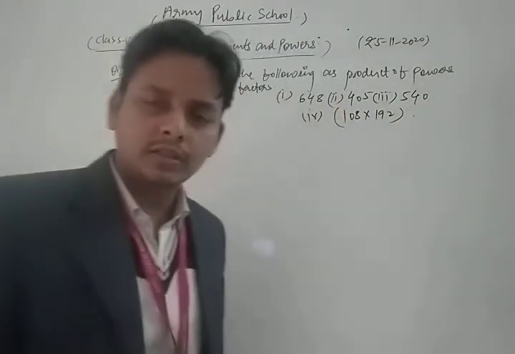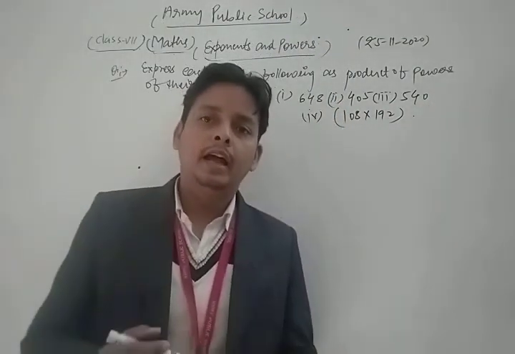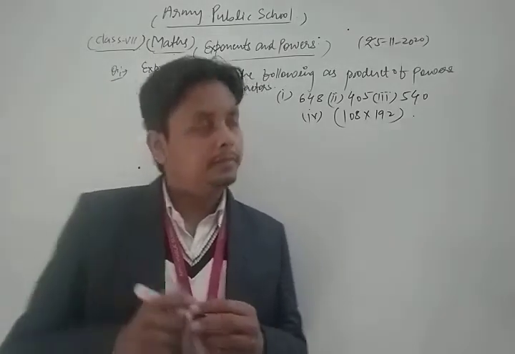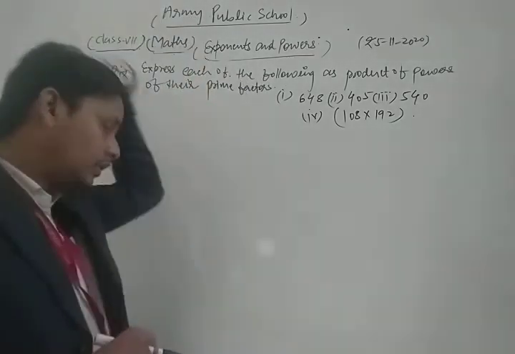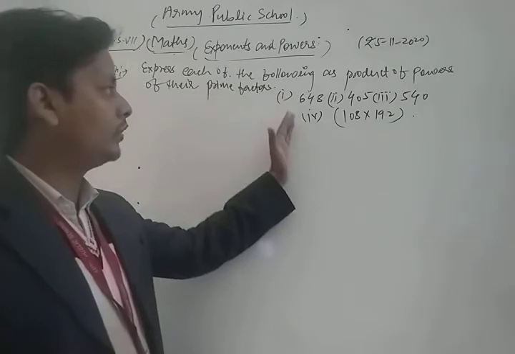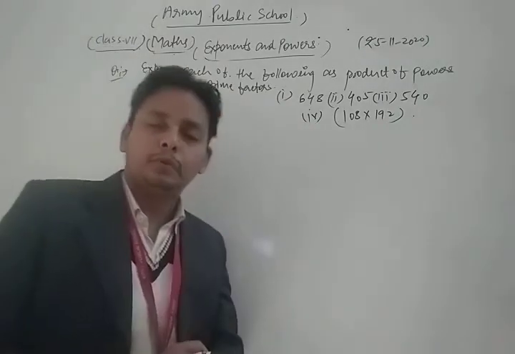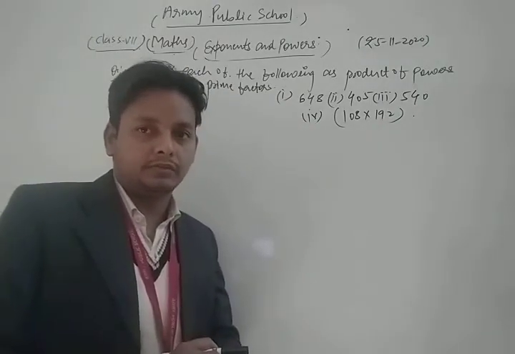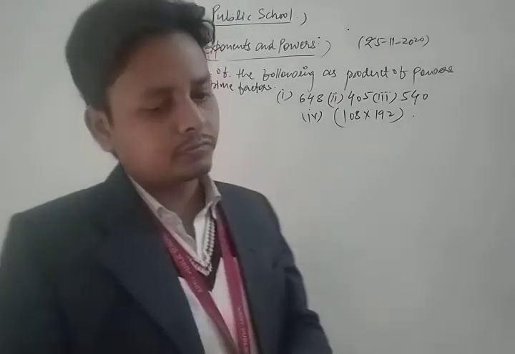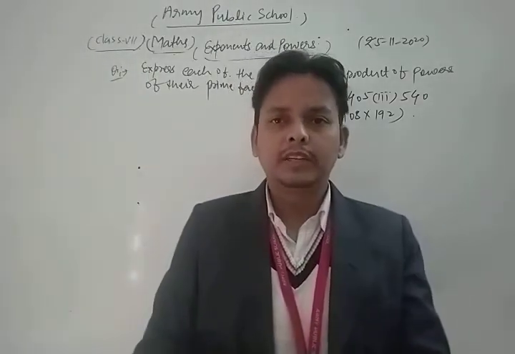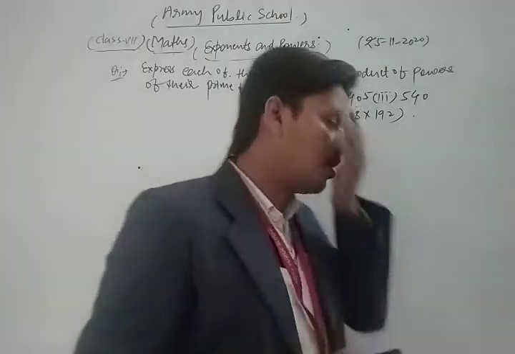These are the questions. In this question we express each of the following as the product of powers of their prime factors. First of all, in this type of question we do their prime factorizations. Let's see.